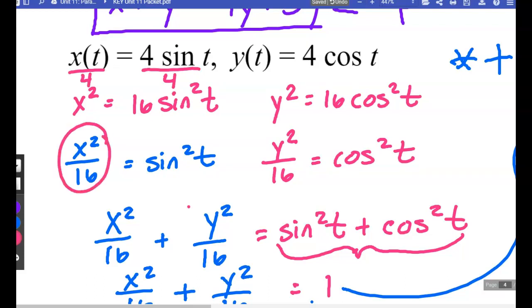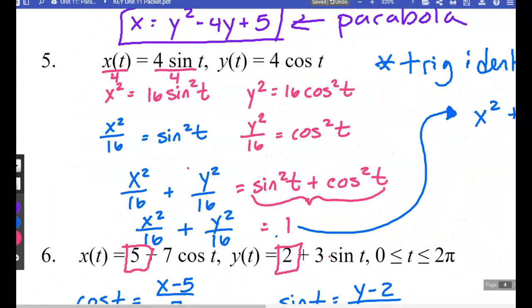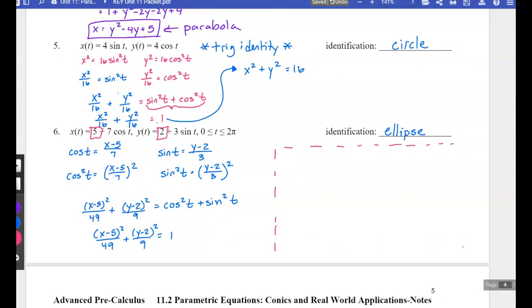So I guess I could have just immediately divided the 4 off both and then squared and still ended up with x squared over 16. Any other questions?